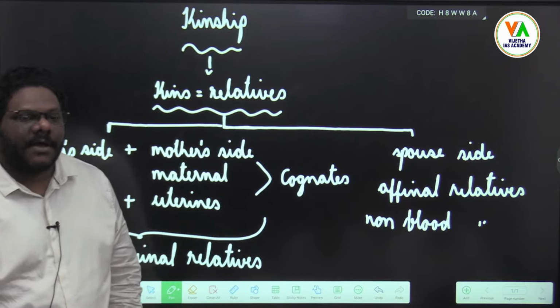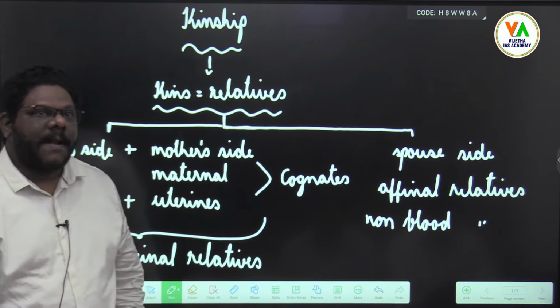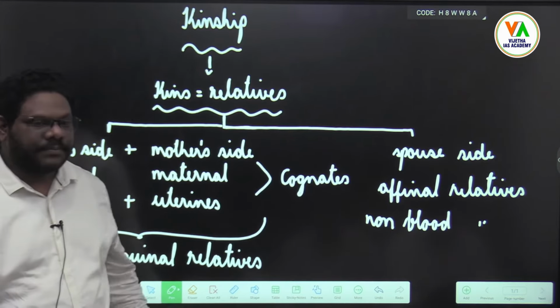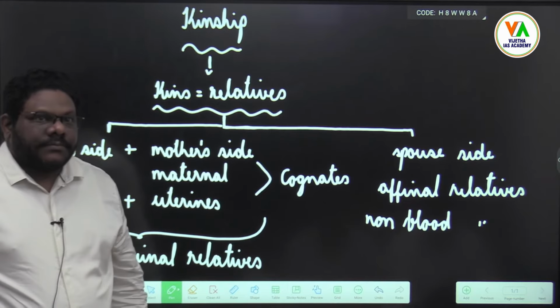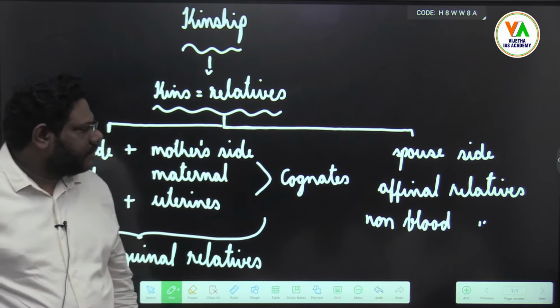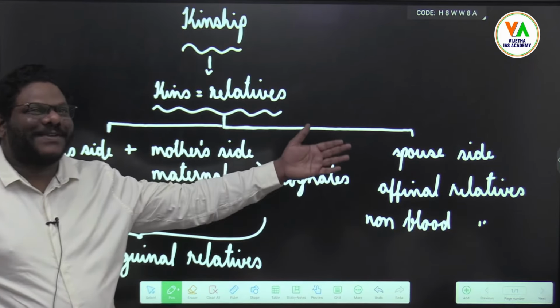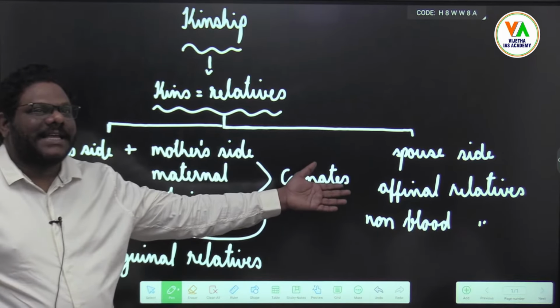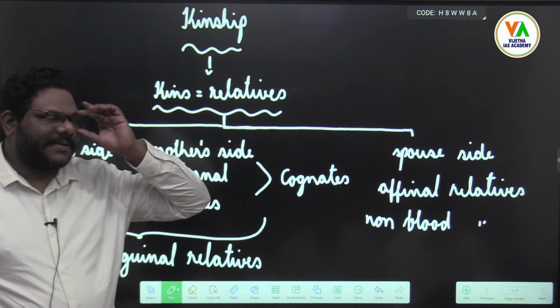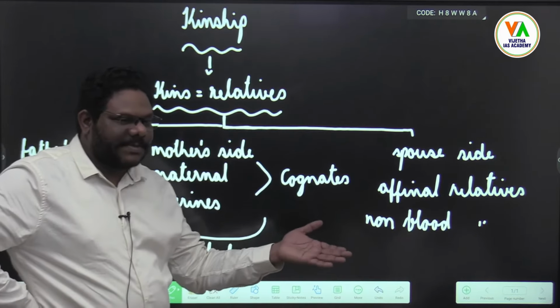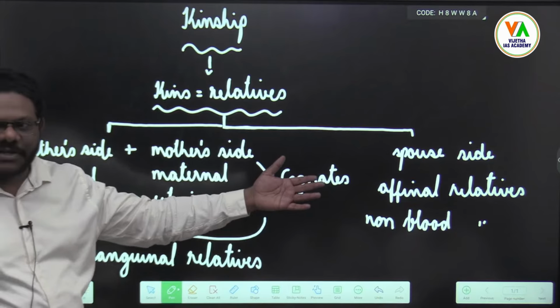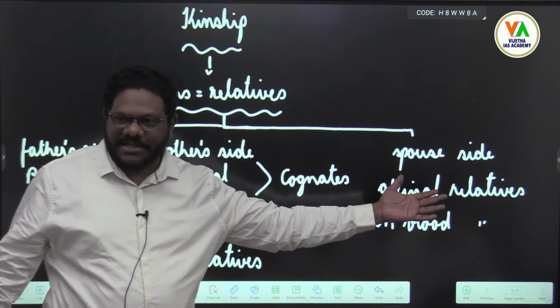Yes, correct. Maybe, siblings' spouse side relatives also will be there. So generally we will say spouse side relatives. If you want to be very precise, your siblings' spouse side relatives also are non-consanguineal, isn't it?